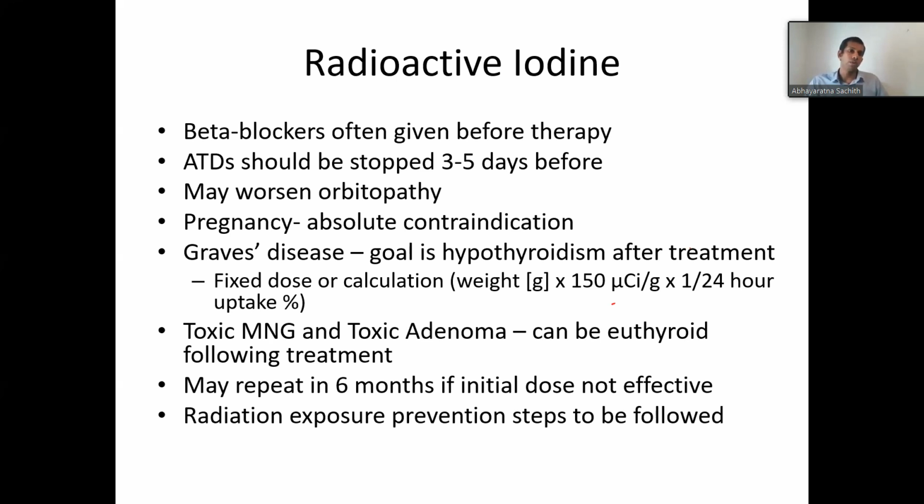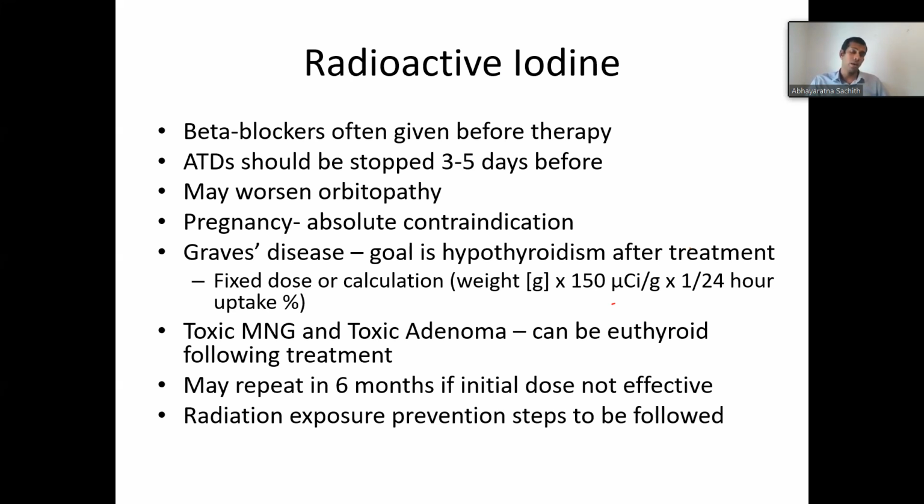But before radioactive iodine, you stop the anti-thyroid drugs for 3 to 5 days, so that will maximize the radioiodine uptake to the gland. One problem with radioactive iodine is that it worsens the orbitopathy. So if the patient has moderate to severe thyroid eye disease, this may not be the best option. Then you have to think about surgery as a suitable option.